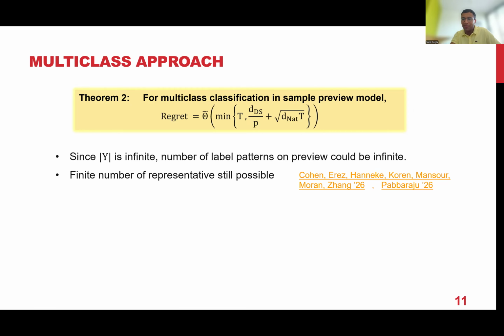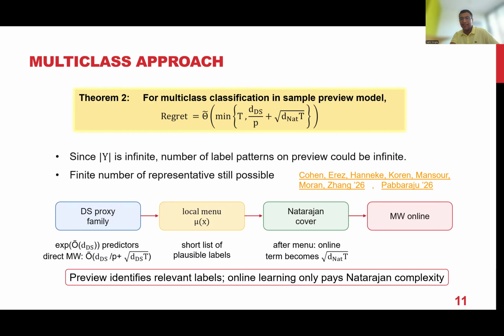So we are able to exploit their machinery and more or less recover our results as a black box from their guarantees, combined with natural intuitions from our approach. I'll skip this, but the point is that even for the multiclass setting, it is possible to come up with finitely many representatives and run some kind of multiplicative weights on them.